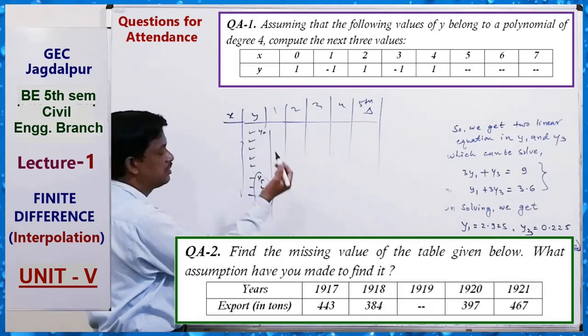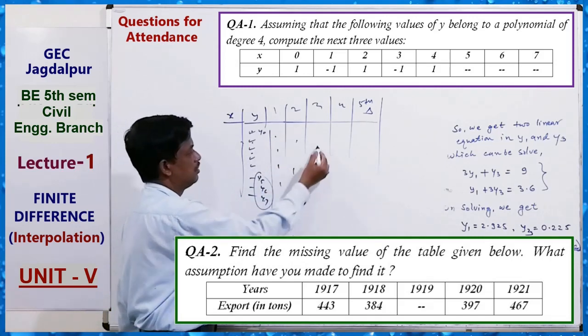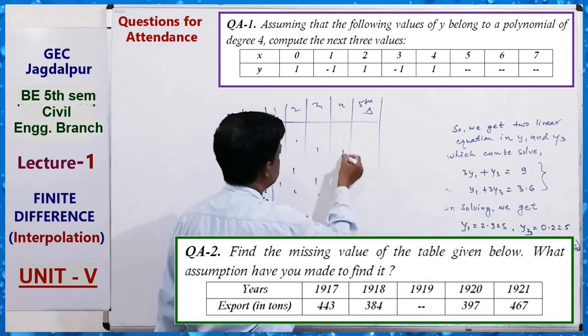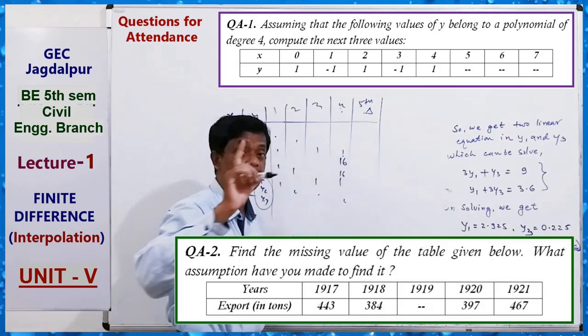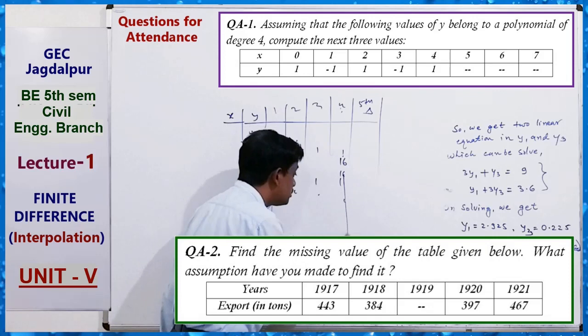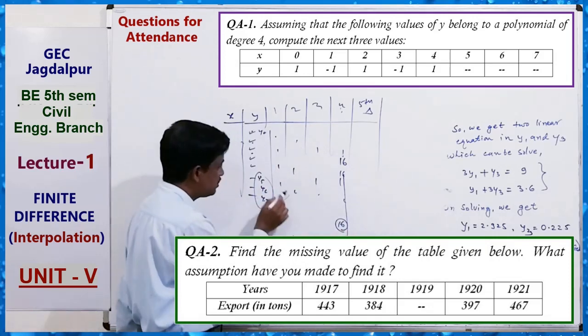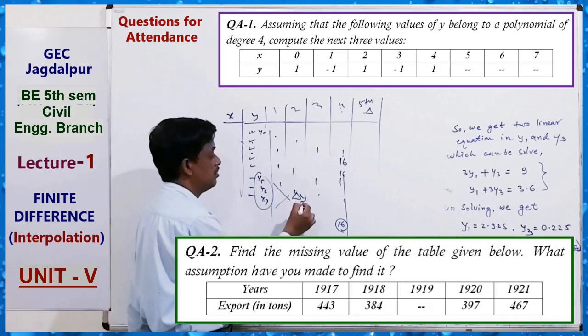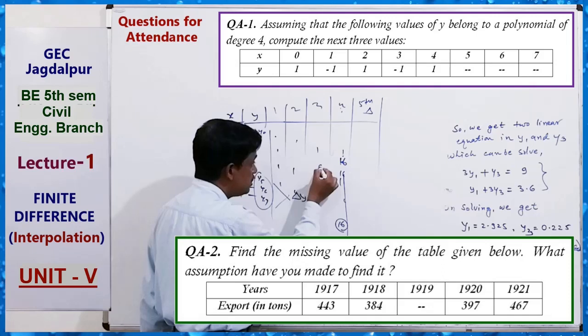Just prepare the table. And the 4th difference you can see here is 16, then 16. The 4th difference will be constant, that is, all the differences should be 16. Here use notation, and this is equal to this minus this.